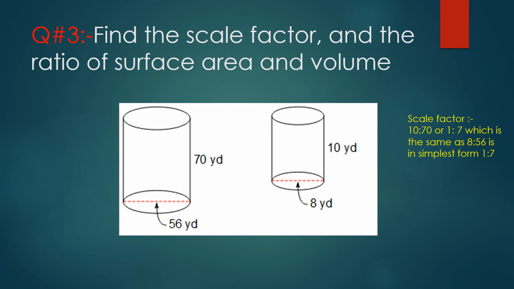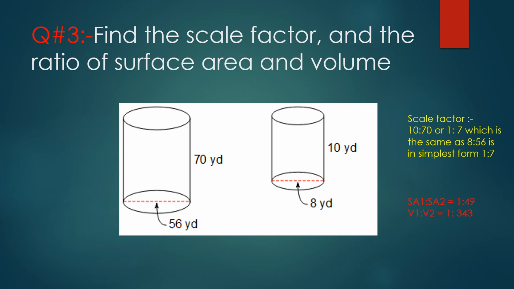So the surface area ratio will be 1 to 49. How do we get this one? Just by squaring the scale factor, because the surface area ratio is the same as the scale factor squared.